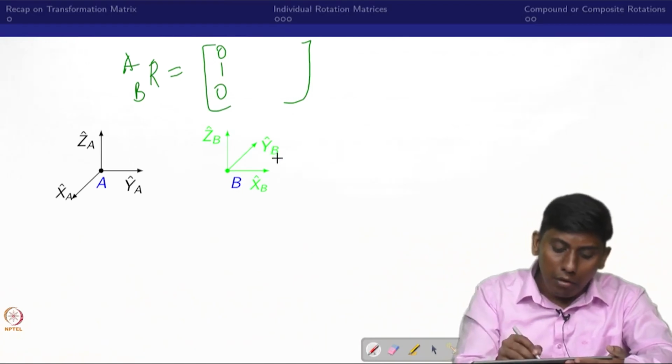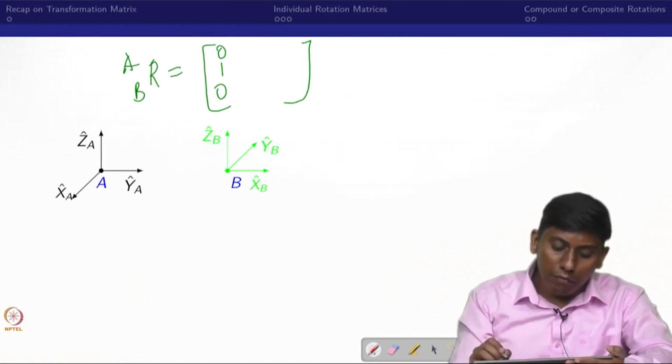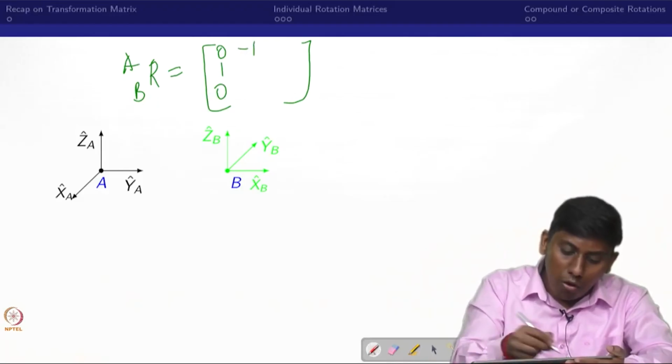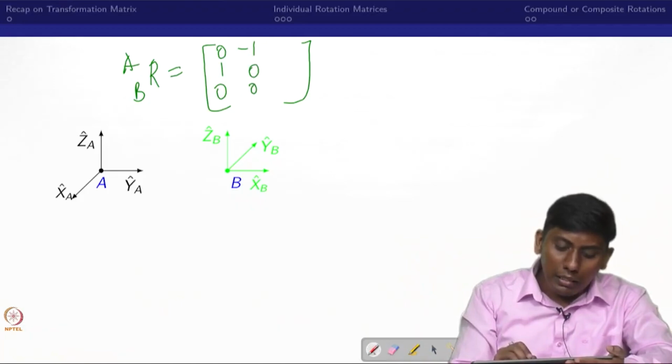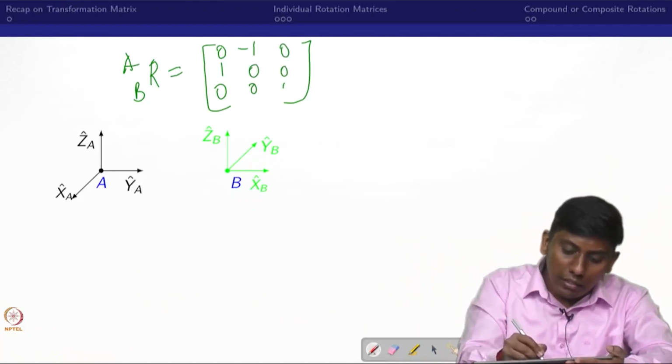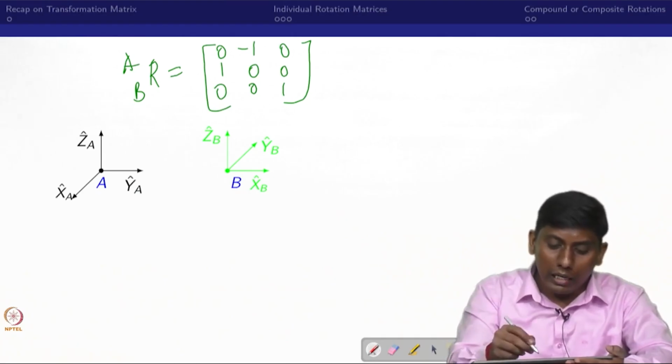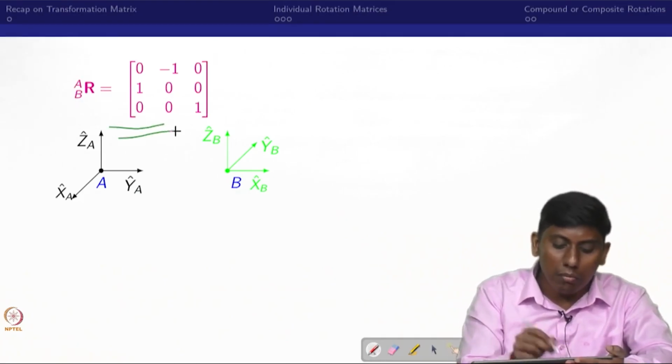The YB axis projected on the A frame would be -1 0 0, because YB is in the opposite direction of XA, and ZB is projected on the same, right. So this is the rotation matrix. I hope you are clear how it has come.